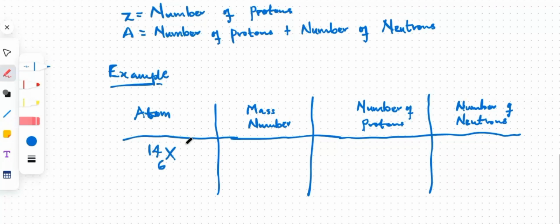So therefore our mass number is what? 14. So I'm already giving you the answer, so it's as easy as that. Then the next we have 38, 19.